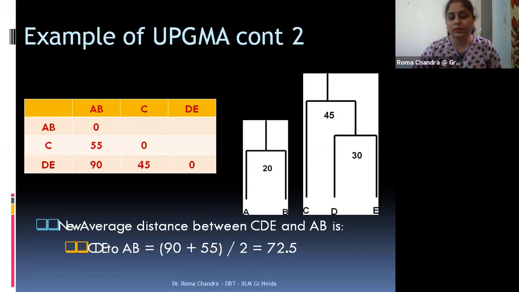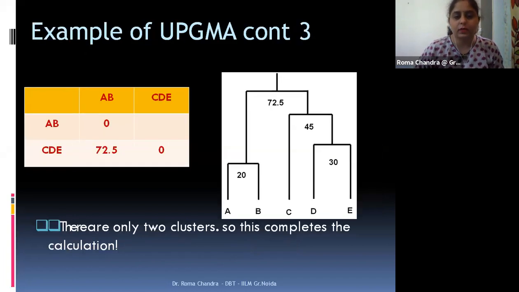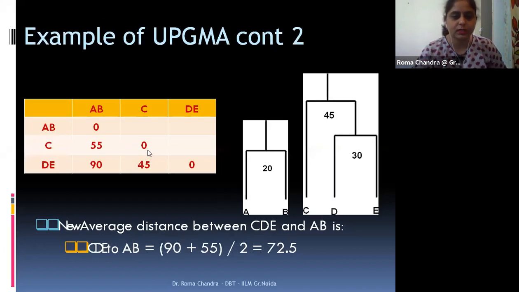For the next step, we have taken this 45, and by using the distance 45 we considered D, E and C to be the common ancestor branches. So we add the values: 90 plus 55 divided by 2, the arithmetic mean.